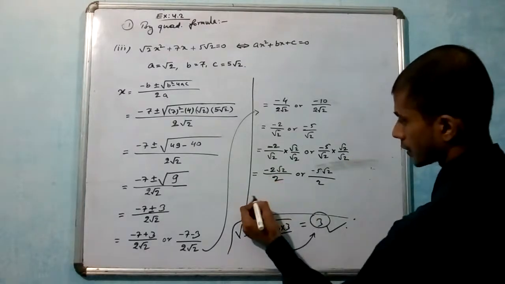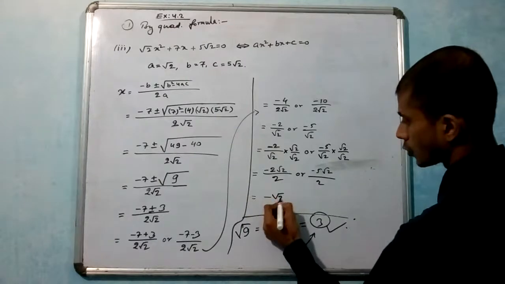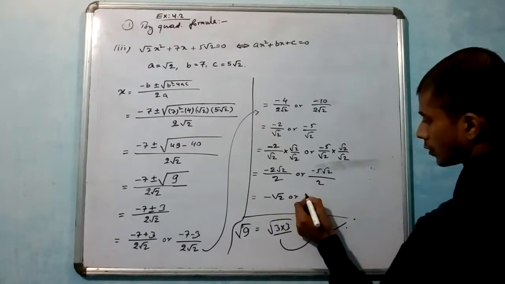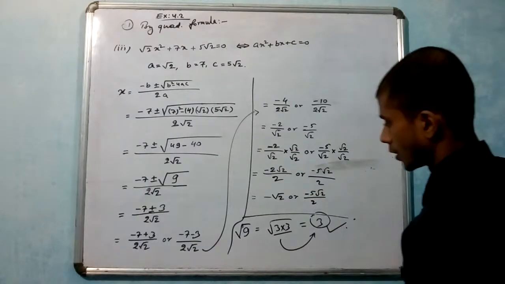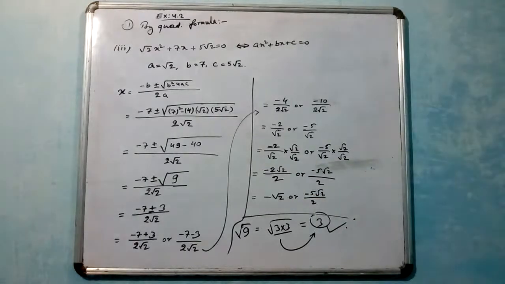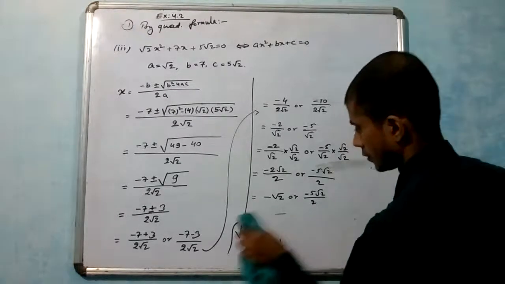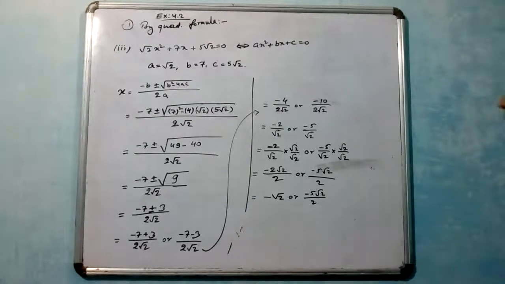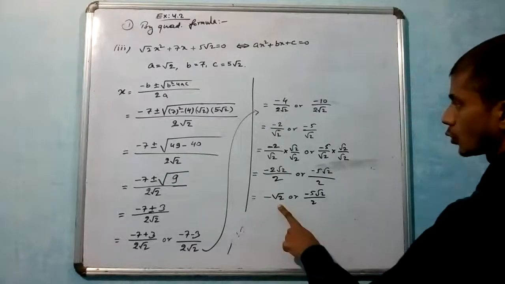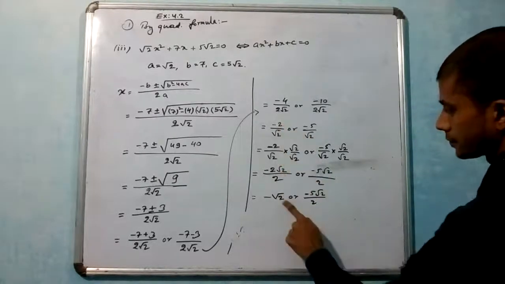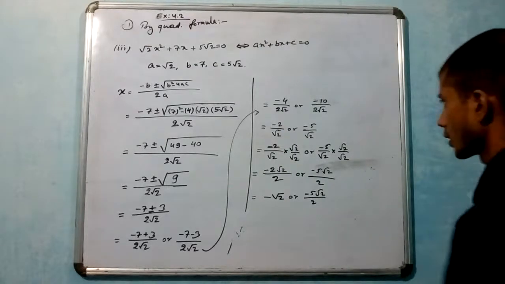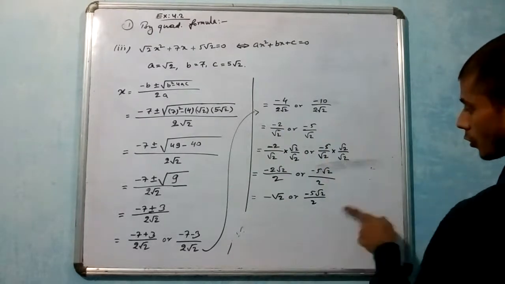So we finally got minus root 2 or minus 5 root 2 by 2. Now understand this thing. Minus root 2 you say, or minus root 2 by root 2 you say, both are same or not?